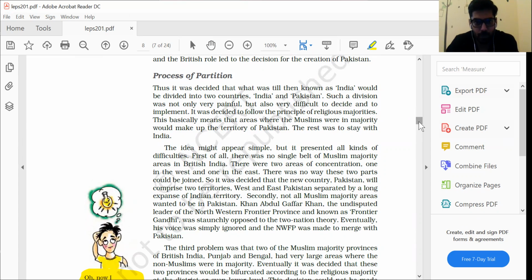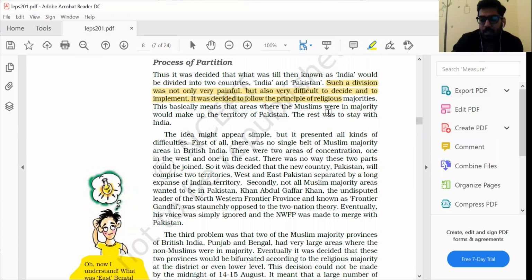Generations were wiped off. Such a division was not only very painful but also very difficult to decide and to implement. It was decided to follow the principle of religious majority. So again, the majoritarianism that happened in Pakistan, that it became a Muslim majority country, and everything was done to favor them. Unlike that, India made provisions for its religious minorities.